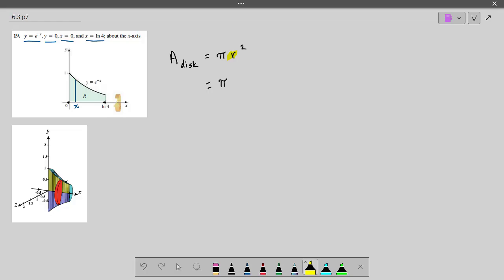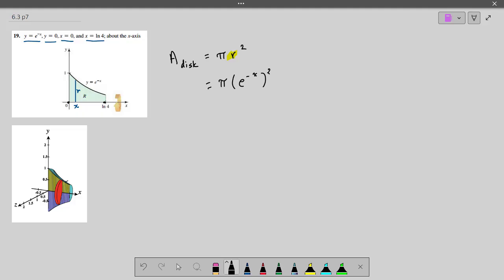And that's pretty easy here. The way they've presented this function is as a y value. So it's measuring height, and height is what we need here because the radius of the corresponding disk is given by the height of that blue rectangle. So that is our radius. So that's going to be e raised to the negative x power, and all that will be squared.